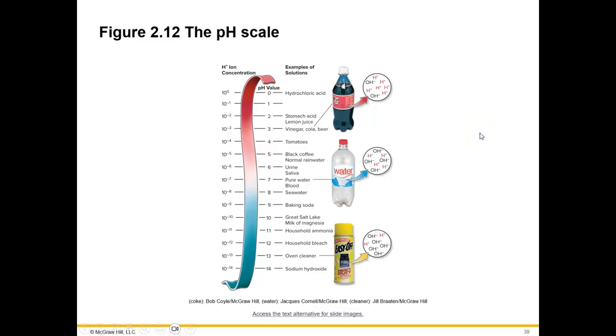So the more hydrogen ions we have, the more positively charged hydrogen ions we have, the lower our pH, which means we're more acidic. Lower numbers, more acidic. 7 is our neutral number on the pH scale. So that's pretty balanced.